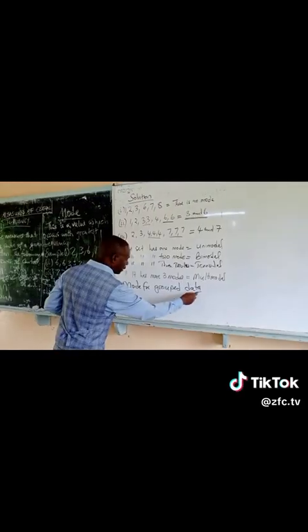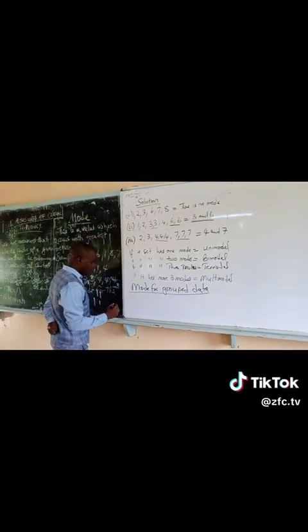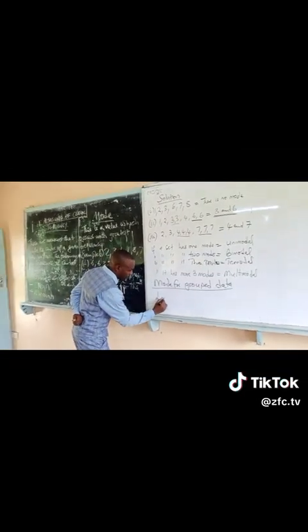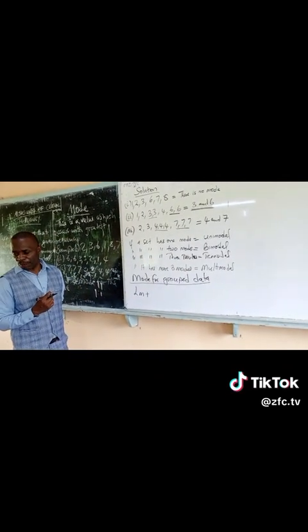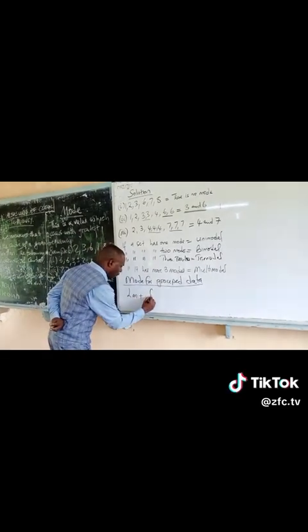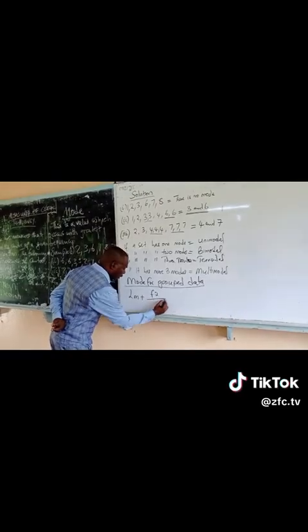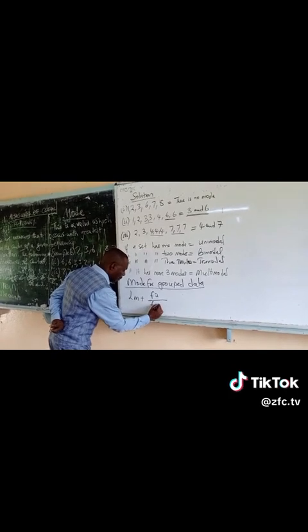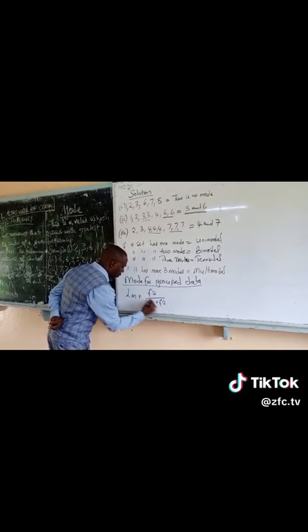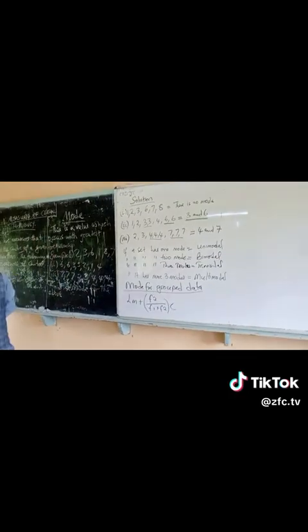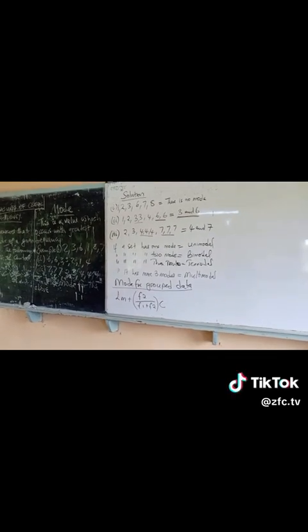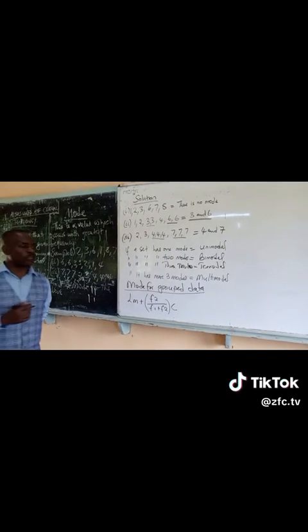The formula is LM plus (F2 over F1 plus F2) close brackets times C. That is the formula for the mode for grouped data.